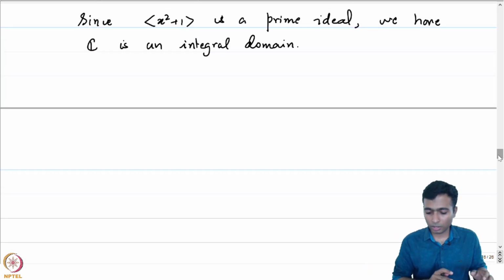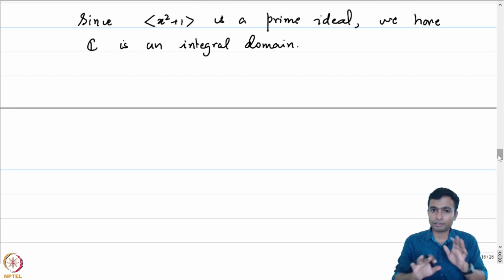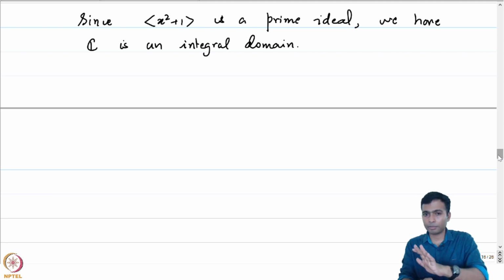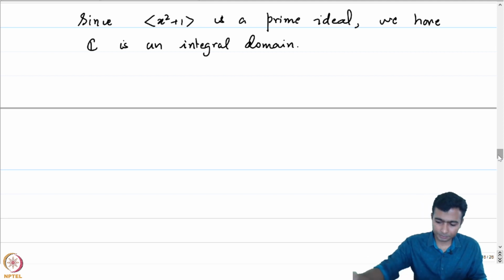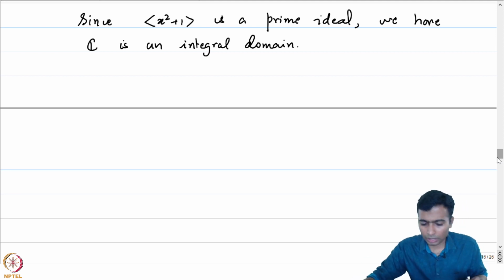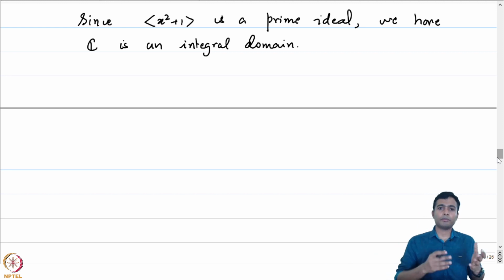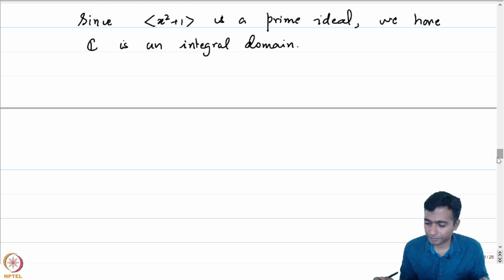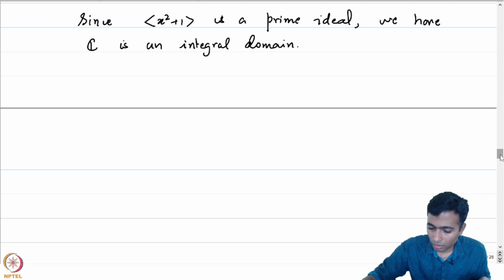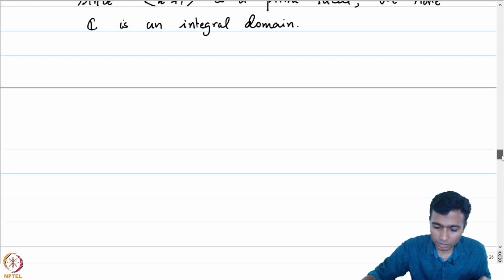I would like to take a slightly more circuitous route to prove that C is indeed a field. So we have established right now that it is a prime ideal, and hence this is an integral domain. The fact that C is a field is now established only after showing that every non-zero element can be inverted. Okay, so let's set out to prove that.